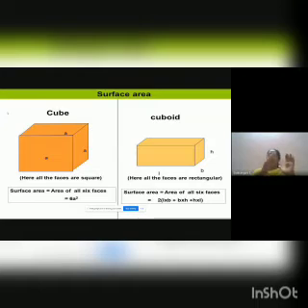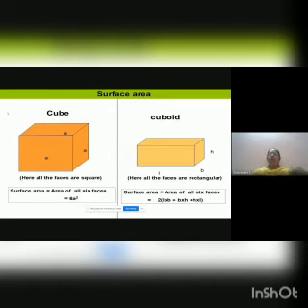For example, if you take a cube, it has 6 sides. If you find area, what happens? You are able to find only one particular side, means one particular face area. A cube is a three-dimensional figure. When you find the area of all the faces in your three-dimensional figure, that is called surface area.